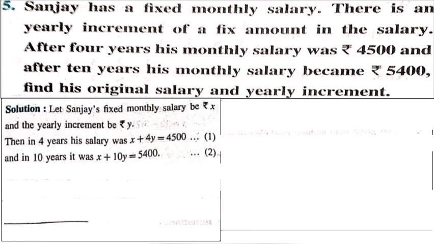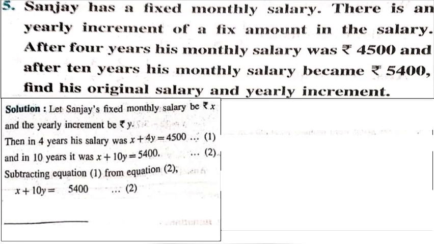So therefore subtracting equation 1 from 2, that is equation 1 is smaller than equation 2, we get x plus 10y is equal to 5,400 is equation 2. X plus 4y is equal to 4500 is equation number 1. So now what will happen?